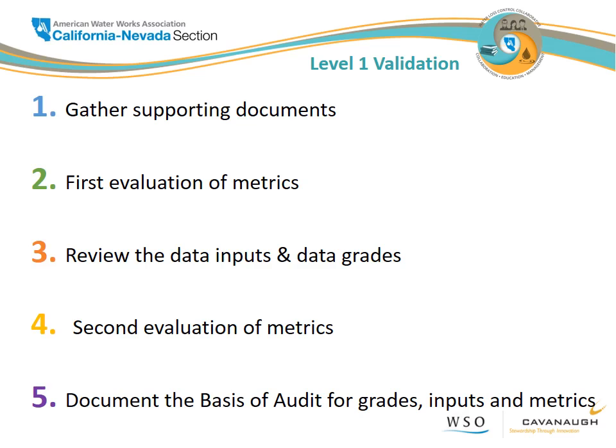And those metrics, or the performance indicators on the water audit, can sometimes tell us a story. And sometimes that story may not make sense. It may tell us some story that suggests that there could be an underlying issue. There could be gremlins present. And having the step 2, where we do just a first look at it, can oftentimes help us steer the ship when we're doing step 3, which is reviewing each of the data inputs and the data grades.